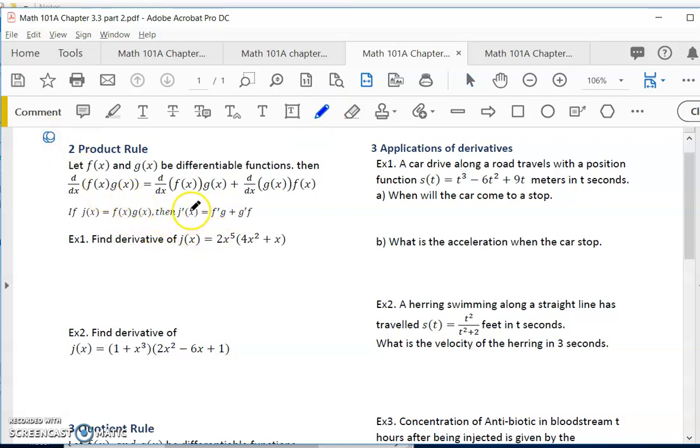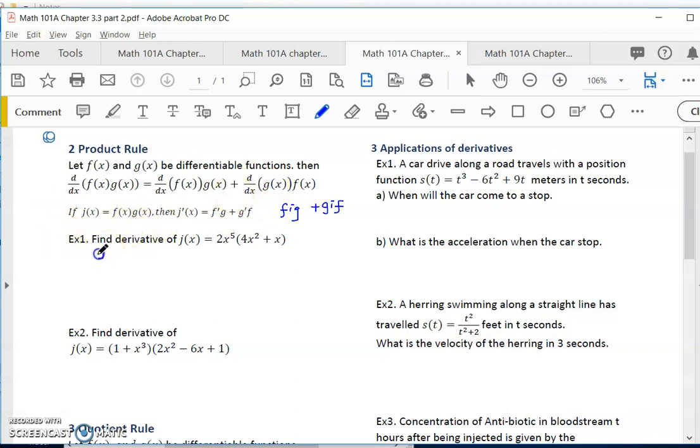Then j prime is f prime g, that means the derivative of the first one times g, plus g prime times f. We can remember it as f prime g plus g prime f. So the way to do it is to arrange your f and g.